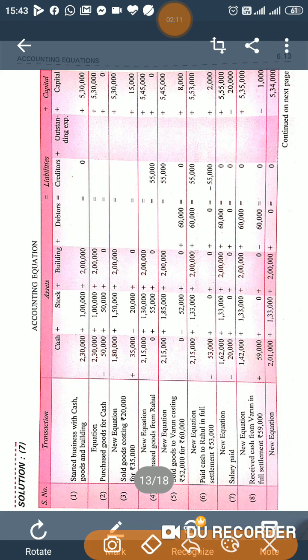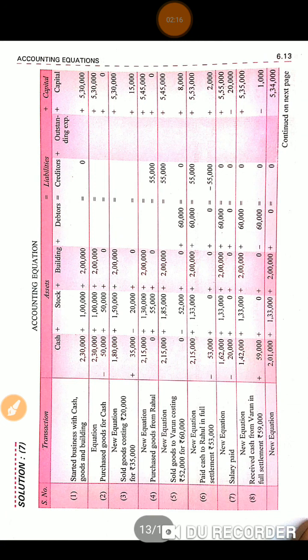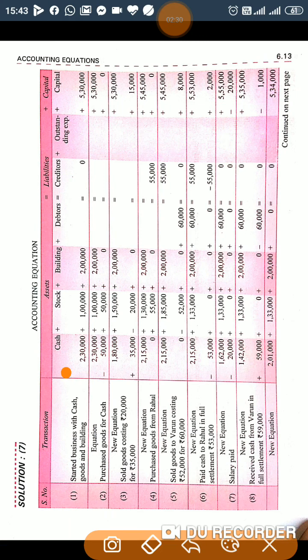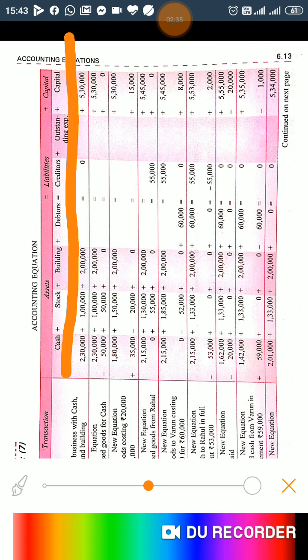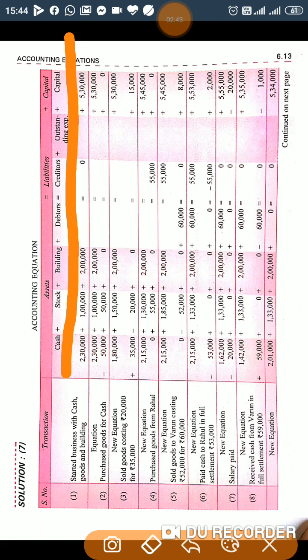So after reading all the transactions, you get to know what assets and liabilities are involved.